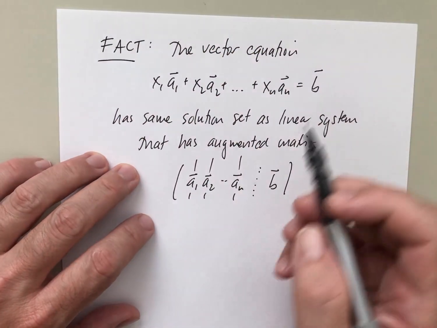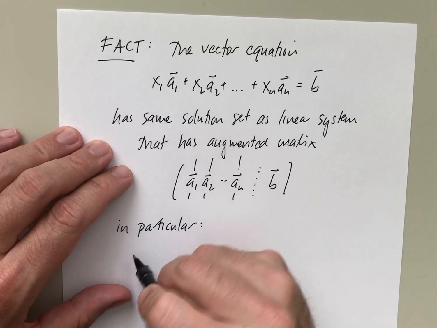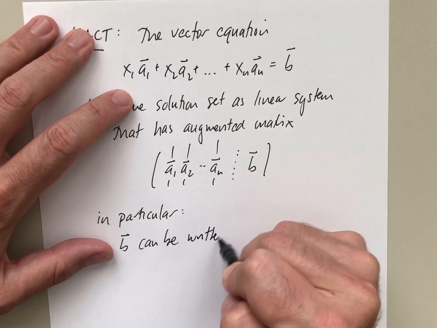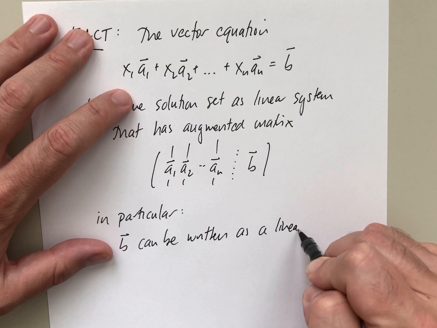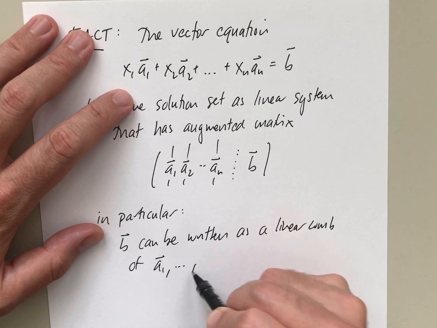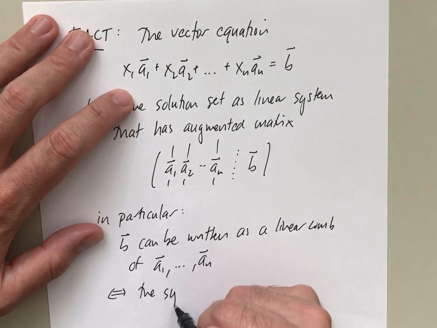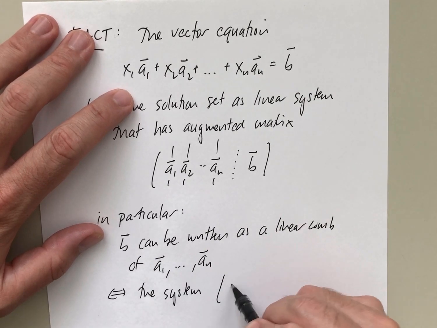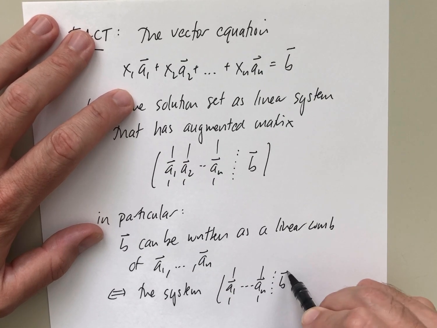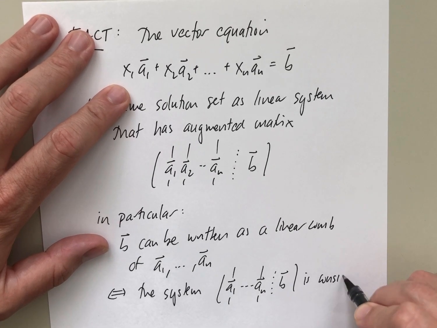So in particular, b can be written as a linear combination of a1 through an if and only if the system where I've put those into columns and augmented it with b is consistent.